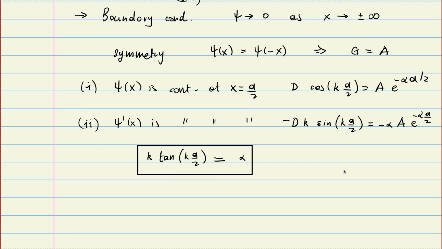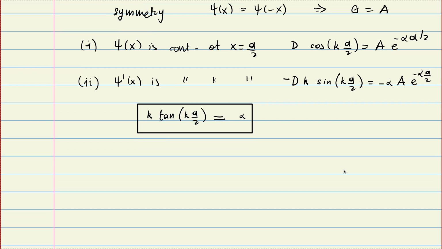So whenever we have an equation like this, it is important to put it in a dimensionless form, right? Because it is easier to work with dimensionless numbers, and it's easier to, for example, put it in a computer and draw it. And let's think about the things. The k was defined to be 2m over h bar squared e.